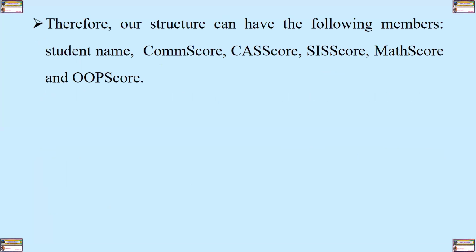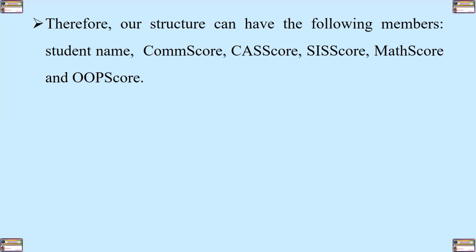We can have student name, and then the subject names, such as COM score for communication score, CAS score for computer applications score, SIS score for software installation score, Math score for mathematics score, and OOP score for object-oriented programming score. In other words, when we are making use of a structure, we are able to store or add information of various types.